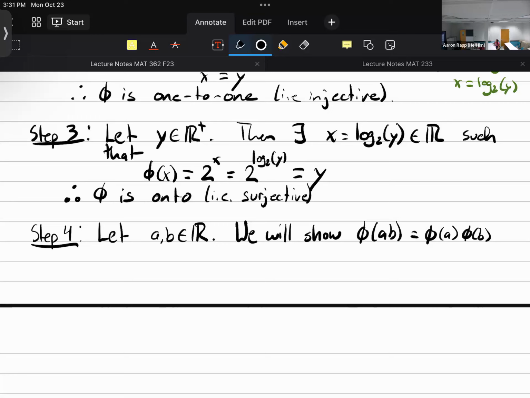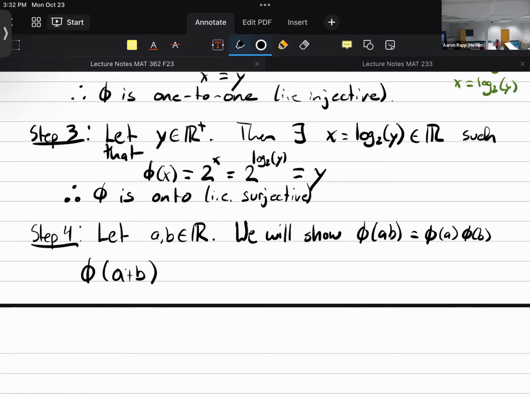So let's look at my group operation inside the first group G. The first group G was the real numbers with what operation?